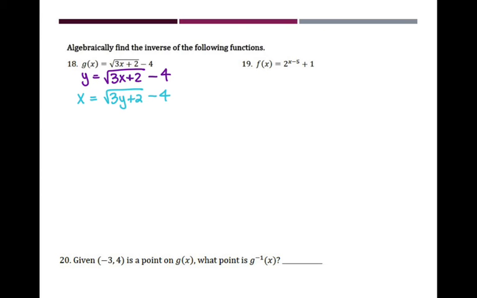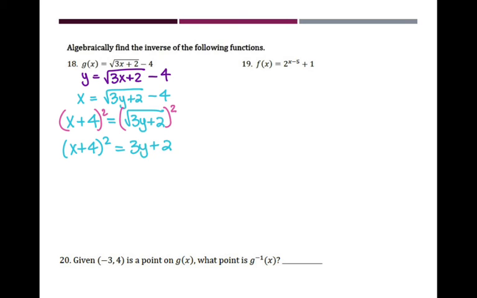And then from here, you are going to solve for y. So this is when your algebraic skills come in handy. So I'm going to go ahead and start by moving the 4. I'm going to add 4 to both sides. So I get x plus 4 equals square root of 3y plus 2. From here, to undo my square root, I'm going to square both sides. So that leaves me with x plus 4 squared equals 3y plus 2.